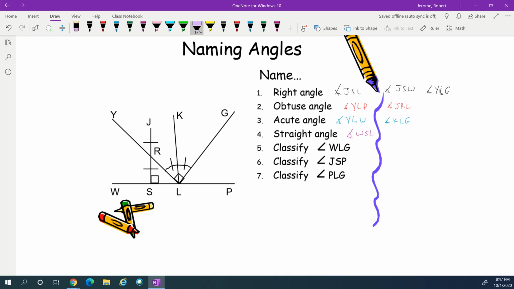We could have picked a different one. Here we have J. One side goes through R. The other side goes through S. So that's another straight angle. Maybe we call it angle JRS. So there's a bunch.